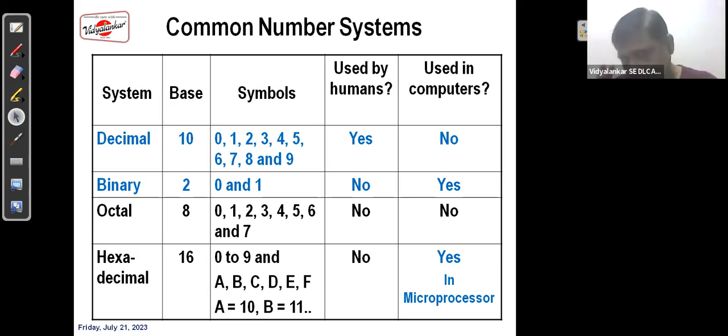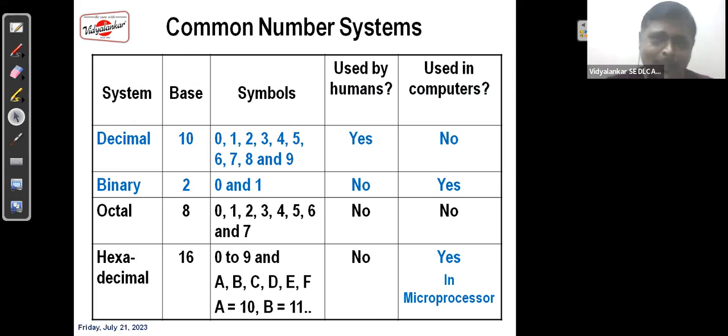Now the very fundamental question is why these alphabets are used. That I will answer a little further. Why don't we say that my digits are 10, 11, 12, 13, 14, 15?